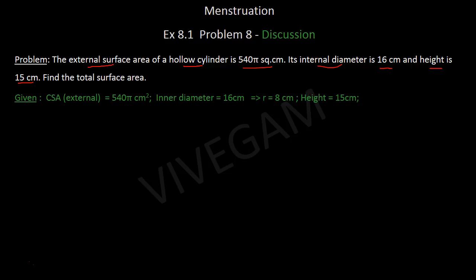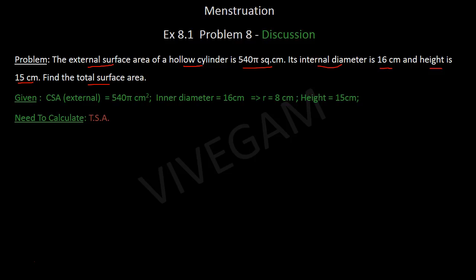Okay, if you substitute 16 centimeter for radius, you will be getting wrong answer. Next, height is equal to 15 centimeter. What are we asked to calculate? We are asked to calculate the total surface area. Anything else? That's it. So let's write it. Need to calculate total surface area.